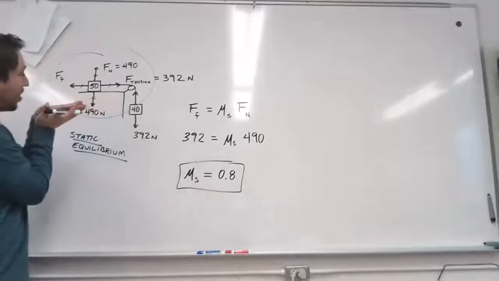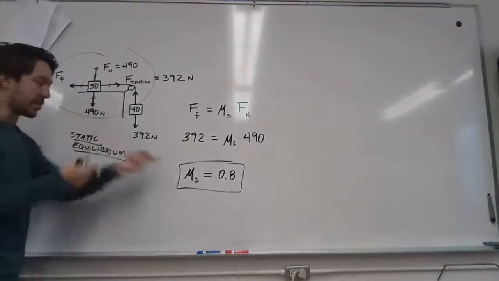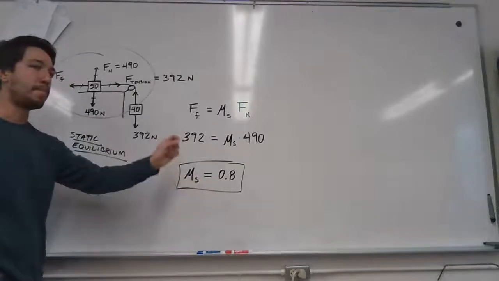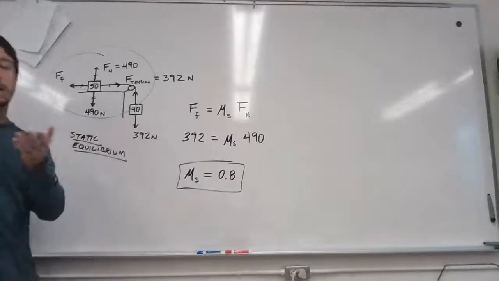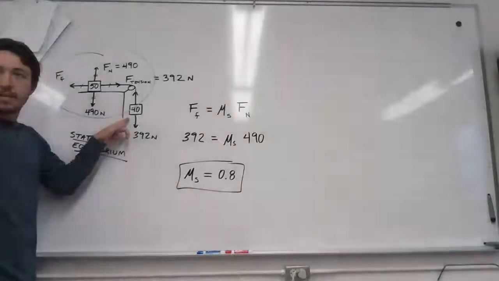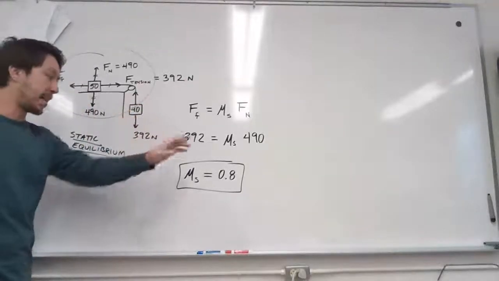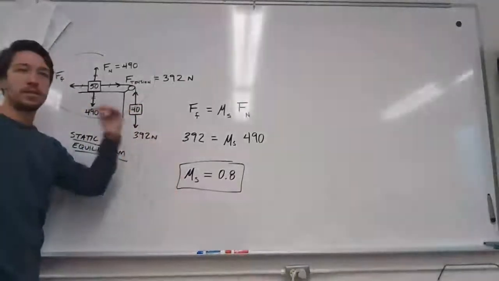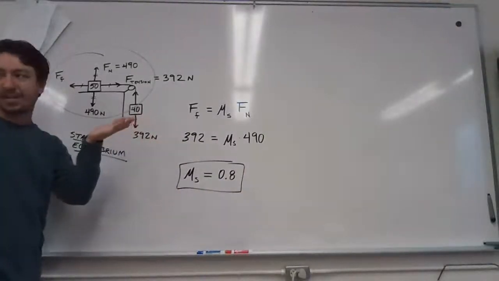It would still hold in static equilibrium. It doesn't necessarily have to be this number, but this is actually the minimum value of mu that makes it work. So if you say pour sand into this bucket and 40 kilograms is the absolute most you can put in, then that tells us the breaking point of the friction. Is that confusing or does that make sense?